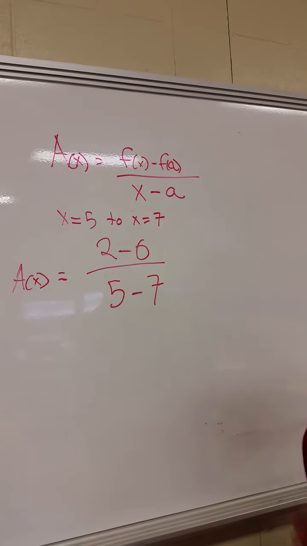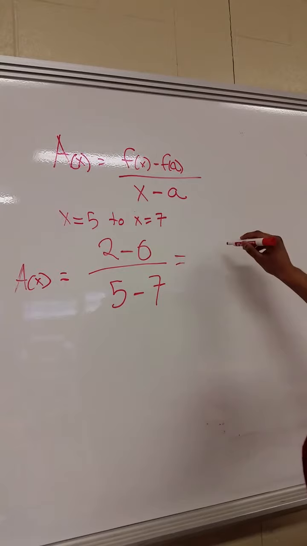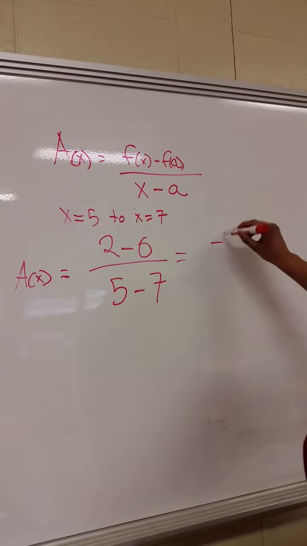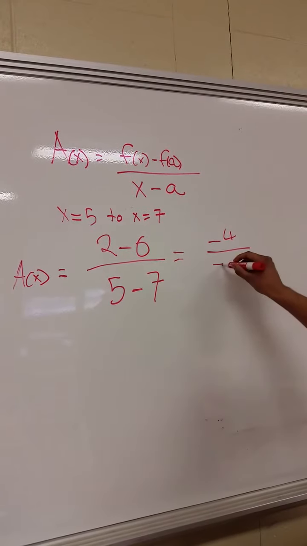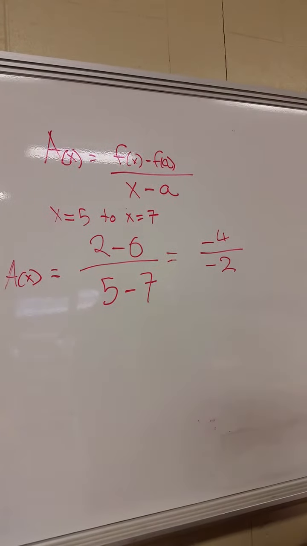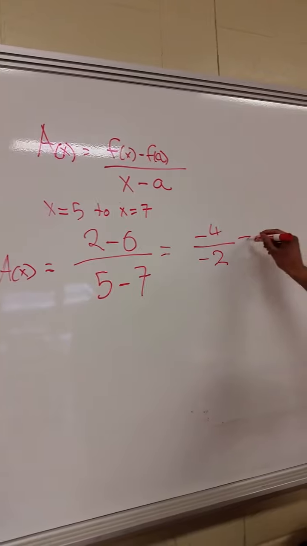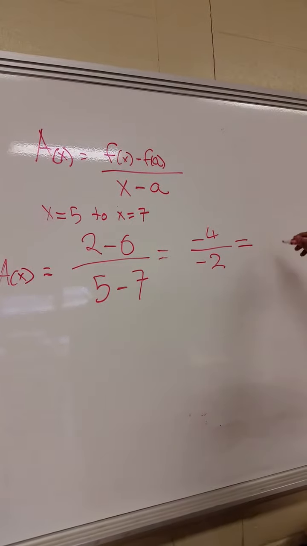So now we calculate the average rate of change. 2 minus 6 equals negative 4, and 5 minus 7 equals negative 2. After all this, the answer to the change over the interval is 2.